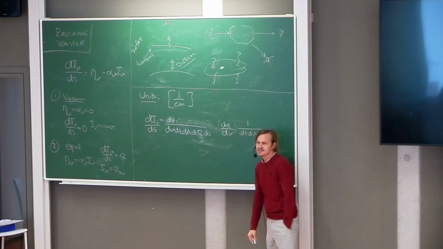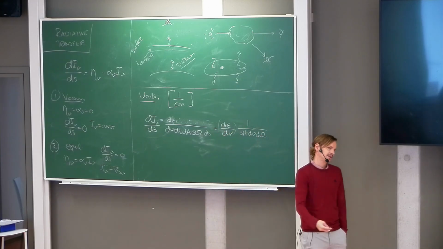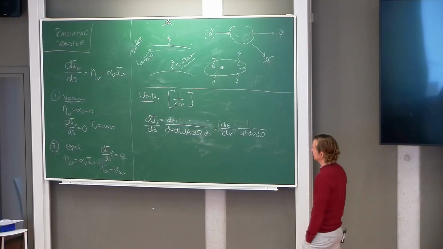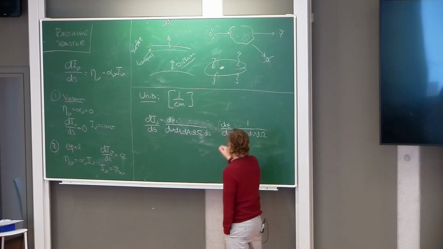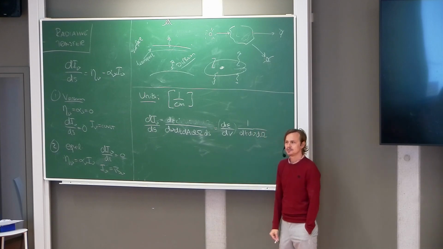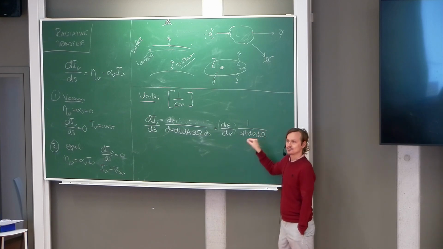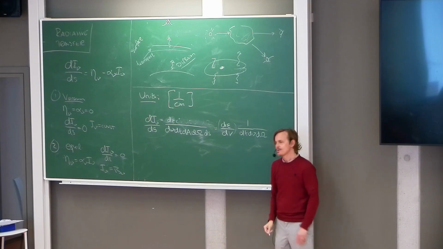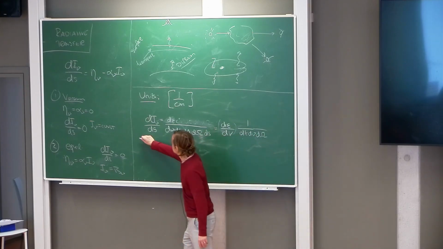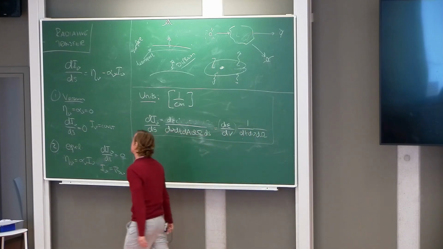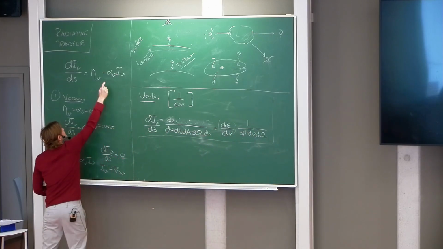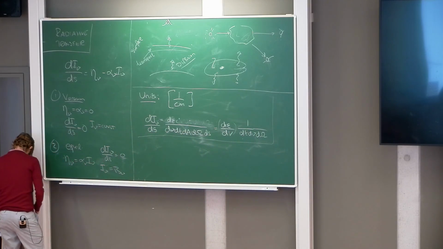So you can see the emission coefficient in this way as the energy added to the beam of radiation per unit volume, per unit solid angle, per unit frequency, per unit time. So again, going back to our basic definitions, this is a volume energy addition to the beam. This has different units. That's per length.